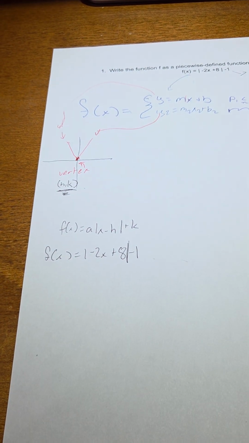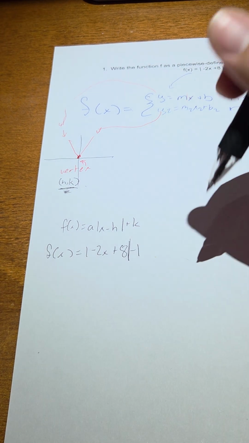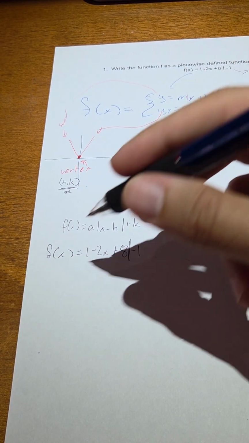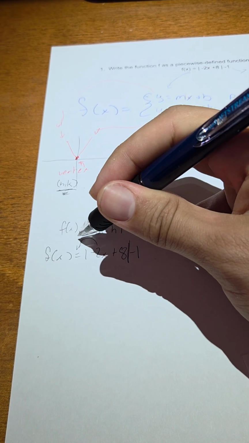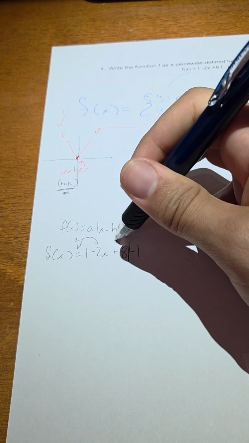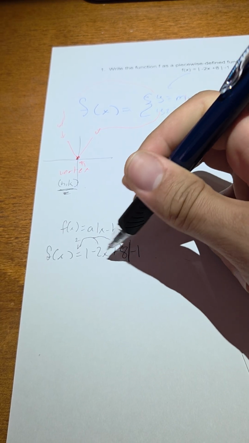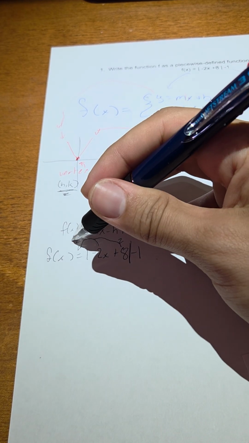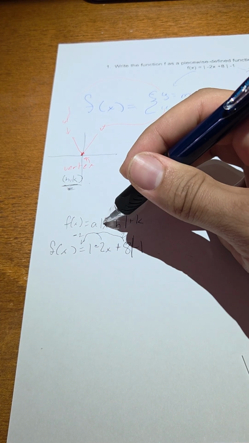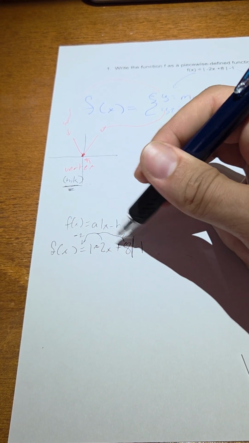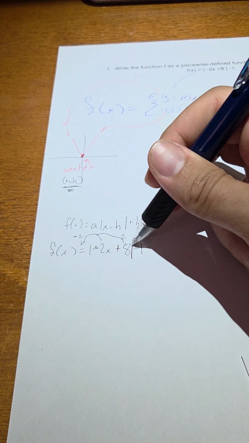Okay. Our first thing is called factoring out. So we take our greatest common multiple, which here is going to be 2. So I take out the 2 from here, and that means I have to take out 2 from here as well. Actually, I'm going to take out negative 2, because this is a plus and this is a minus, and I want the signs to match here too. So I'm going to take out a negative 2 from both of these.